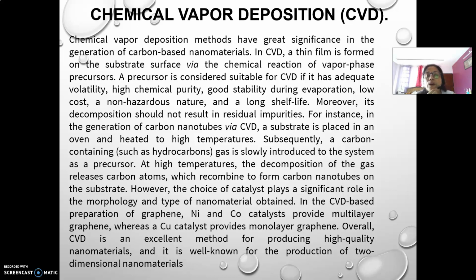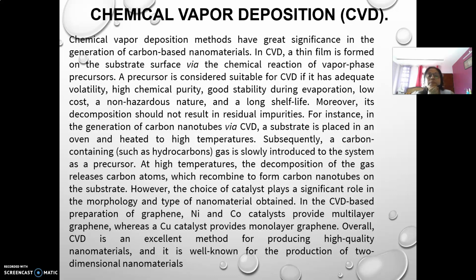Then it must be of high chemical purity, otherwise along with it some unwanted materials present as impurities will also produce vapor to react with one another. Then it must have very good stability during evaporation, otherwise if we continuously give it energy to go to the vapor phase, and during that process it breaks down to some other species, that will not at all be wanted.